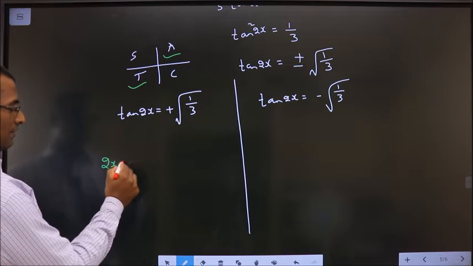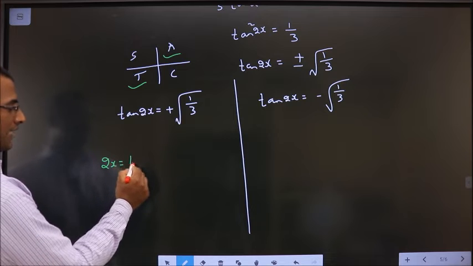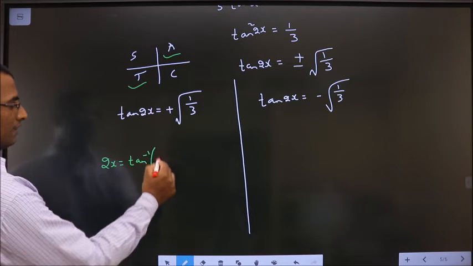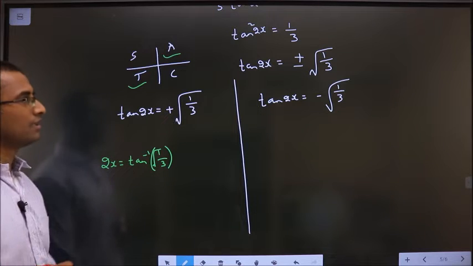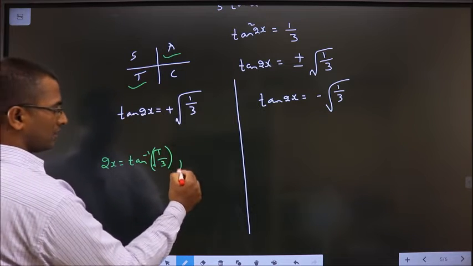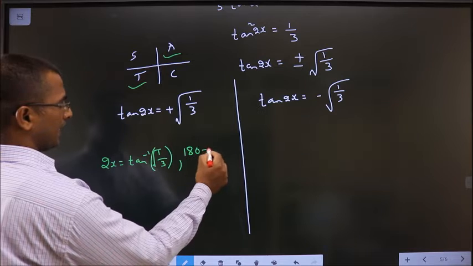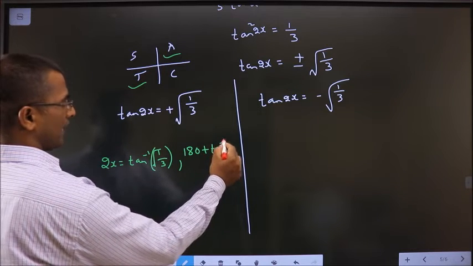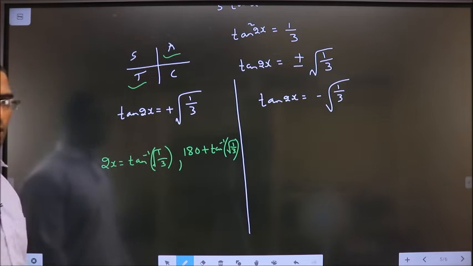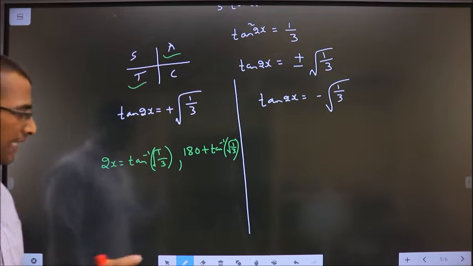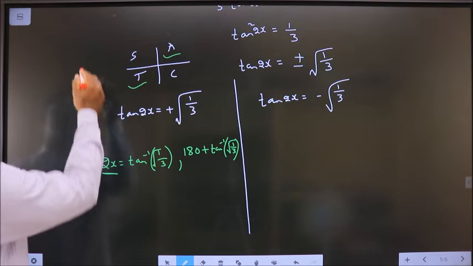So 2x equal to, to get an angle in the first, it's directly tan inverse under root 1 by 3. To get an angle in the third, it is 180 plus tan inverse under root 1 by 3. Okay. See here, it's 2x.